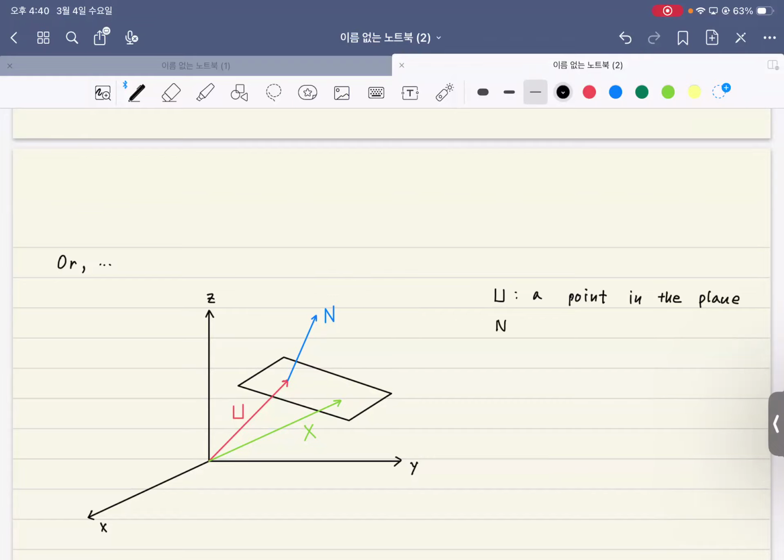And N is the normal direction of the plane. In terms of coordinates, let's say that this is N1, N2, and N3, and U is U1, U2, and U3.